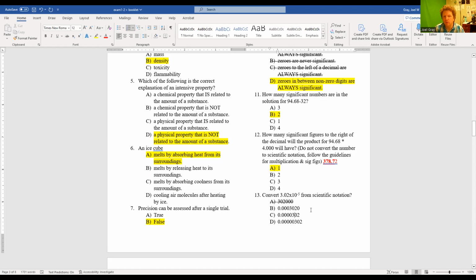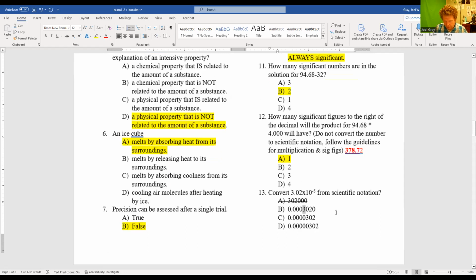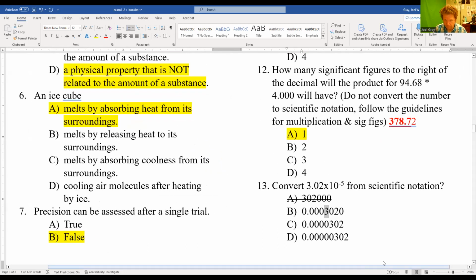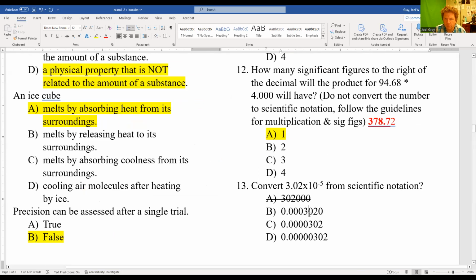So if the decimal is moved 1 place, we would be looking at 0.302. So I'm going to go to answer option B. I'm highlighting where the decimal was between 3 and 0. 1, 2, 3, 4.